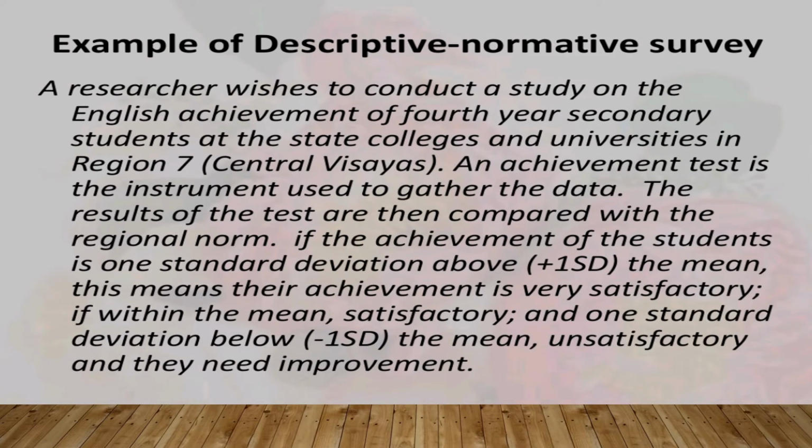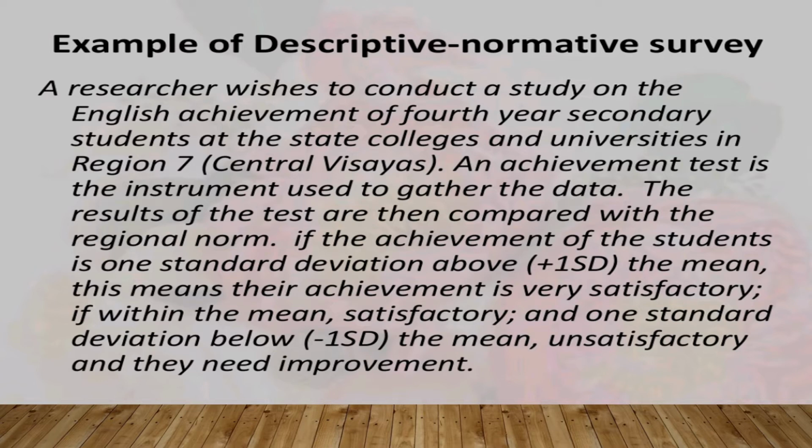A researcher wishes to conduct a study on the English achievement of fourth-year secondary students at the state colleges and universities in Region 7, which is Central Visayas. An achievement test is the instrument used to gather the data. The results of the test are then compared with the regional norm.